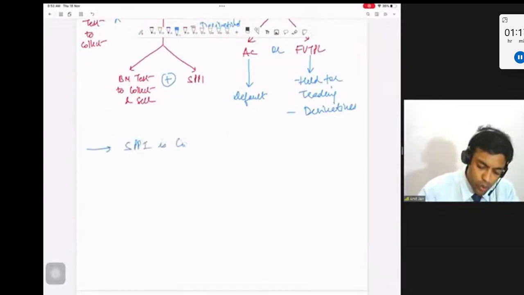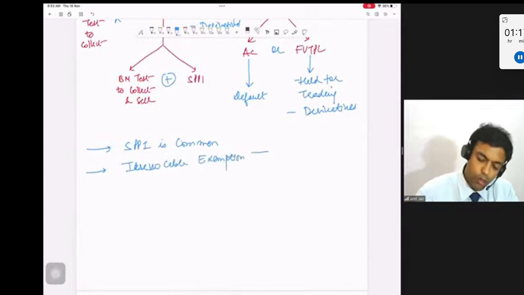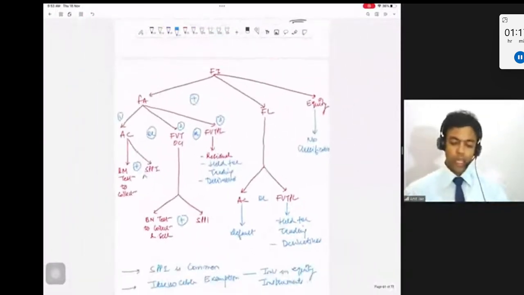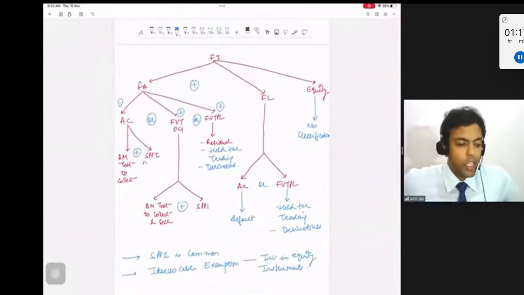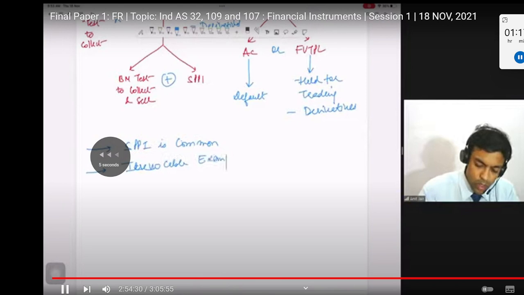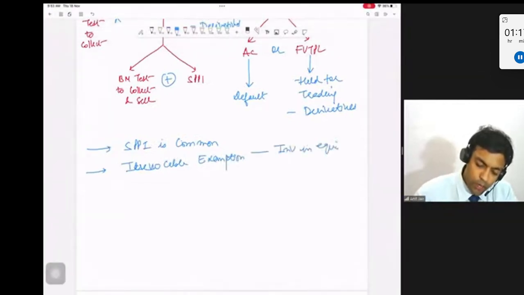SPPI is common. Right? Apart from this, we have an irrevocable exemption in case of investment in equity instruments.